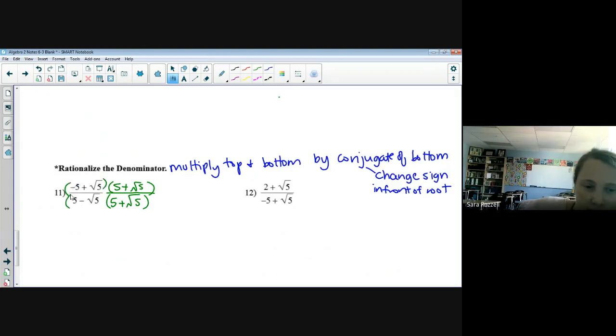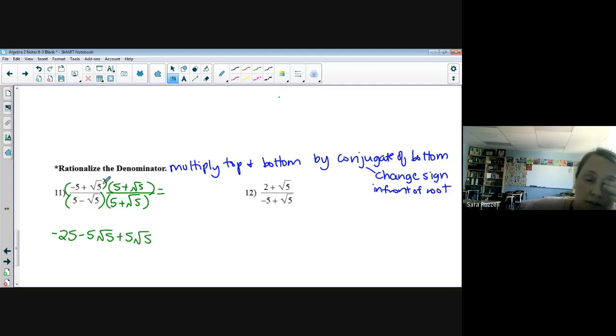I'm going to write my answer underneath. I don't have enough space here, but I'm going to distribute like we did before. Negative 5 times 5, negative 25. Negative 5 times root 5 is negative 5 root 5. 5 times root 5.